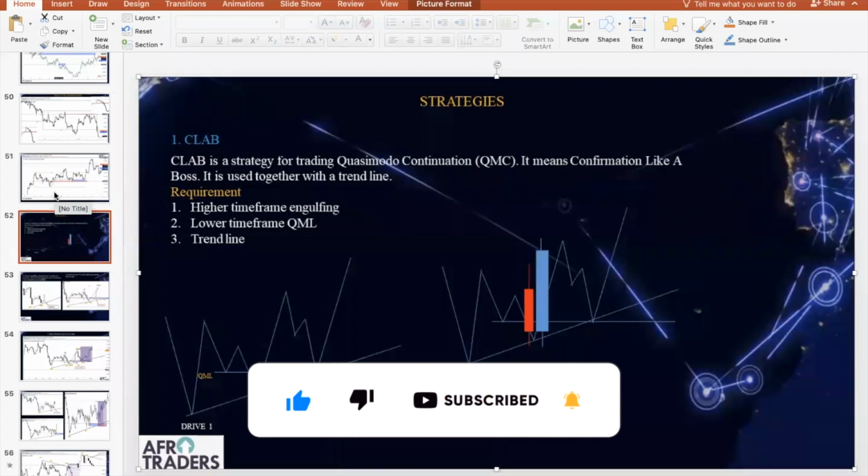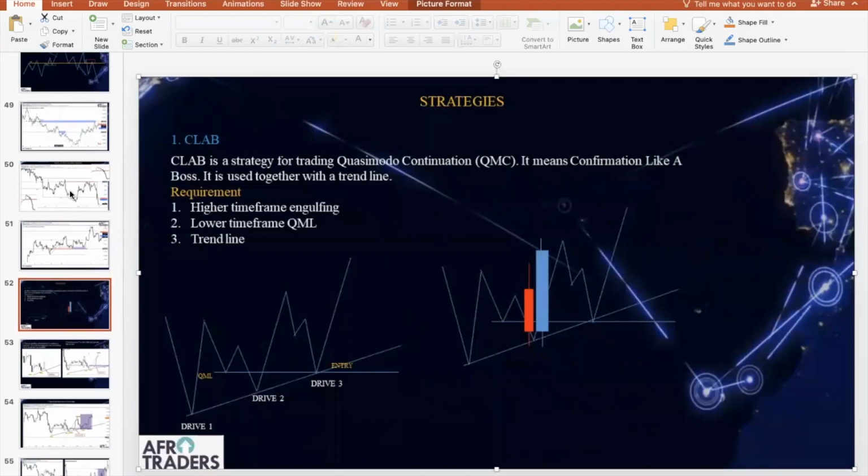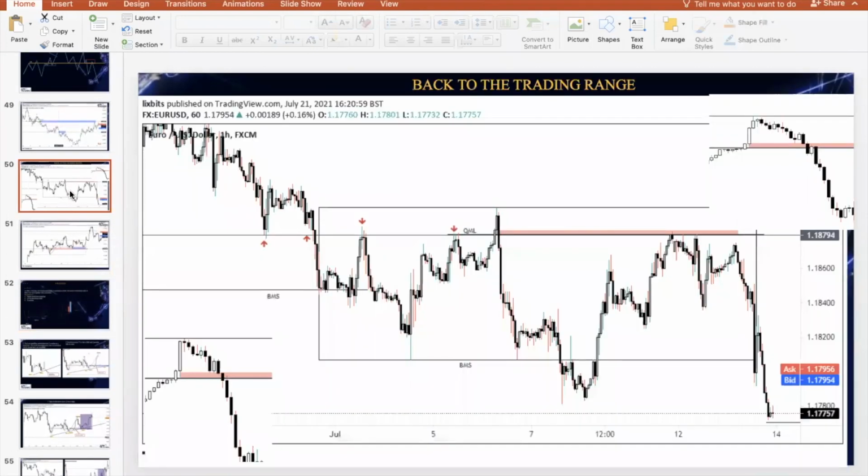But before we do QMC, I want to take you quickly to another important topic, which is the Quasimodo inside the trading range. You remember we said the trading range is like this. When the market is in a downtrend and we create a high and a new low, this low, the pullback, is the trading range.